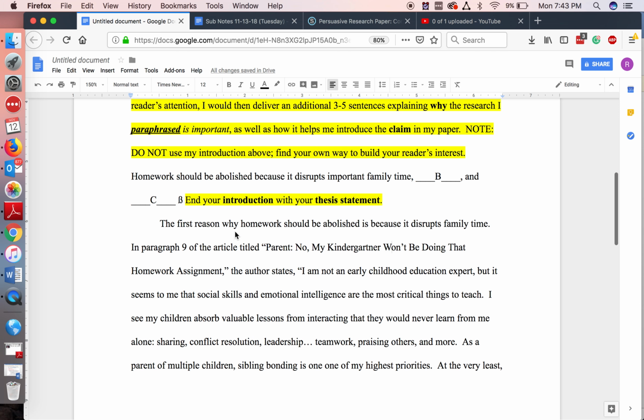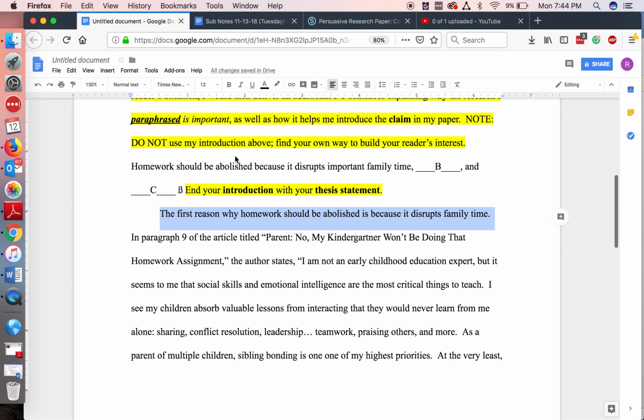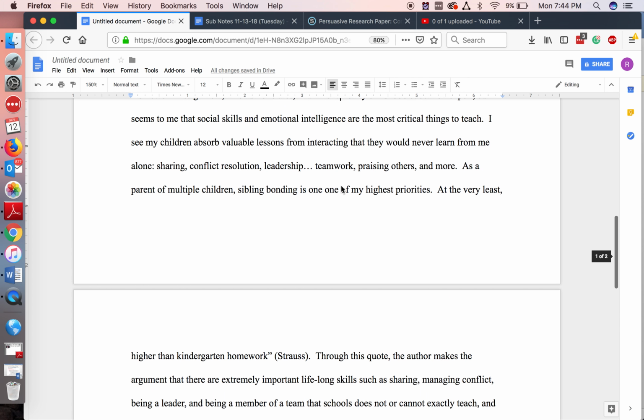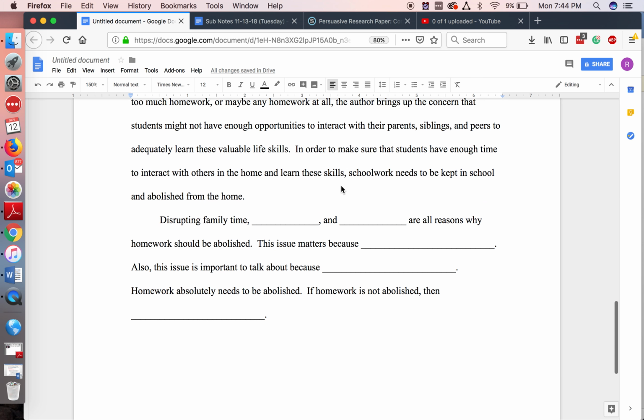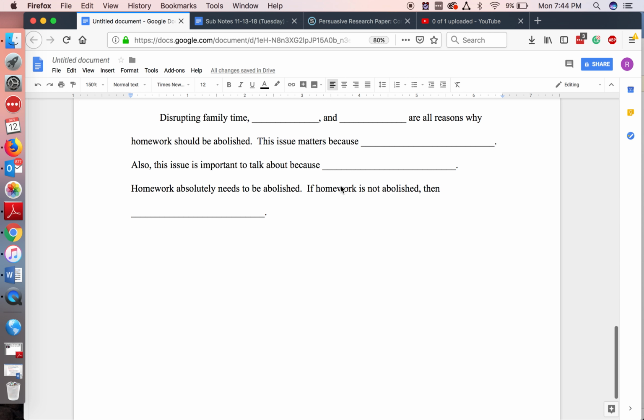Then I have all three of your body paragraphs, in the order that your points come in your introduction and your thesis. And for demonstration purposes, I have my one body paragraph. We're going to pretend that there's a body paragraph two and a body paragraph three too. And then we have my conclusion here.